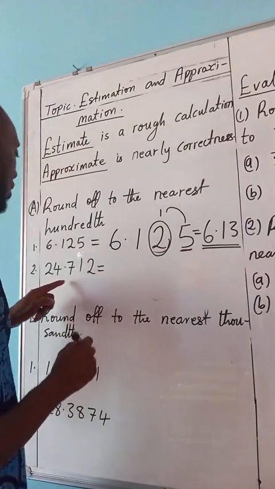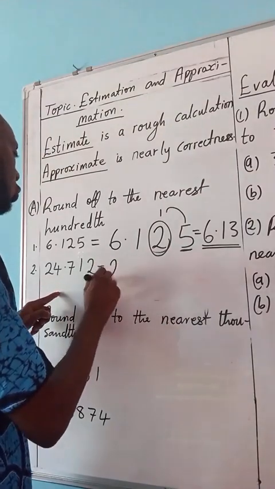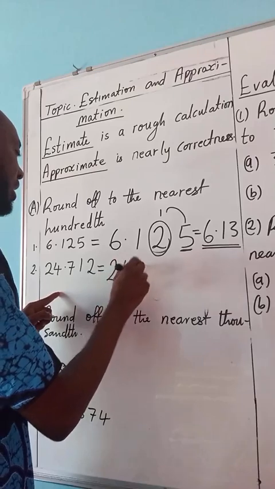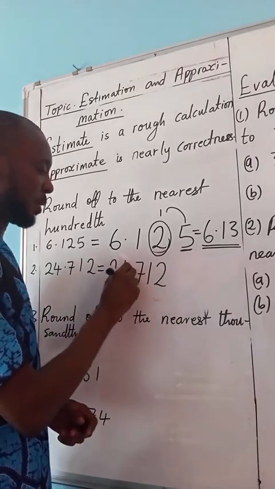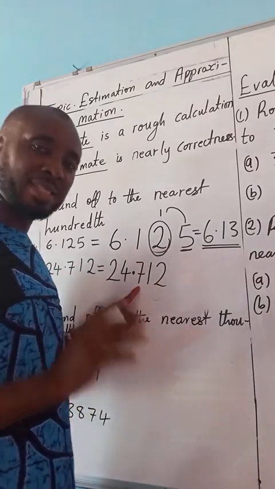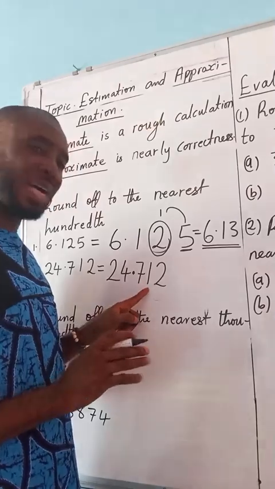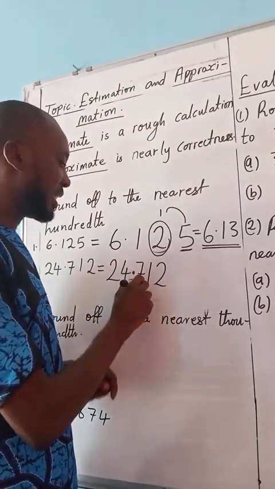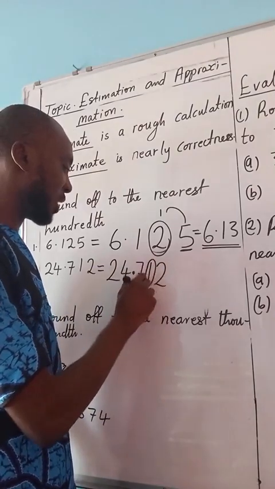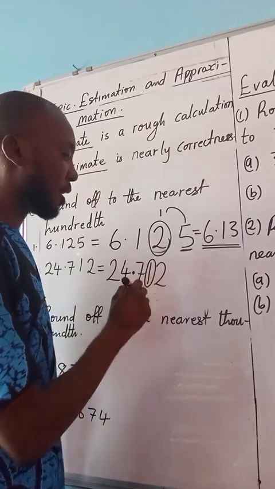Now the second one, we have 24.712. After the decimal point, we have the first one as tenth, the second one as hundredth, and the third one as what? Thousandth. Now this is the hundredth place that you are talking about to round it off.